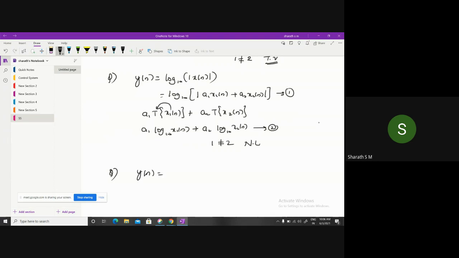y of n is equal to x of n into summation k from minus infinity to plus infinity delta of n minus 2k.